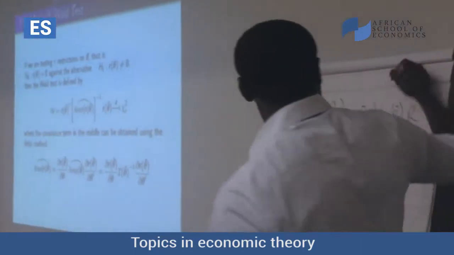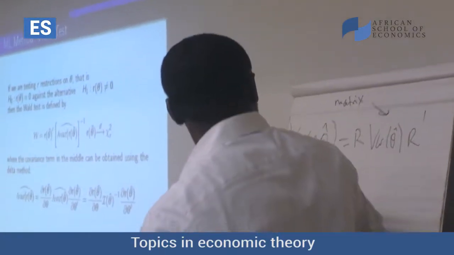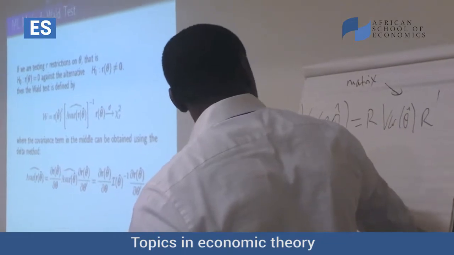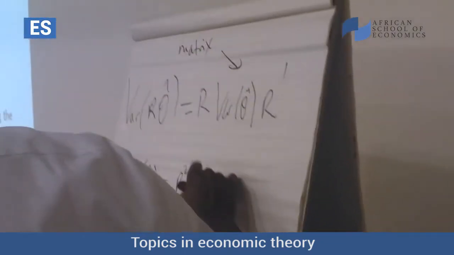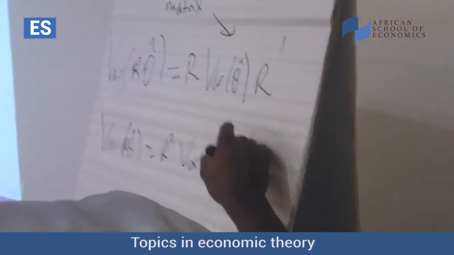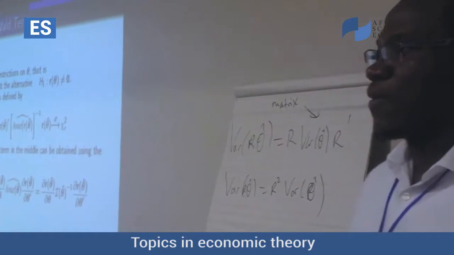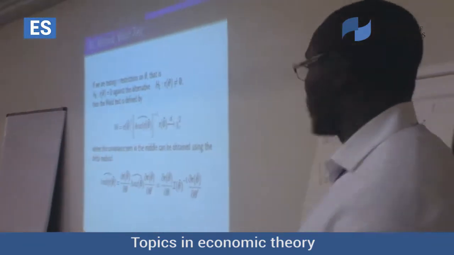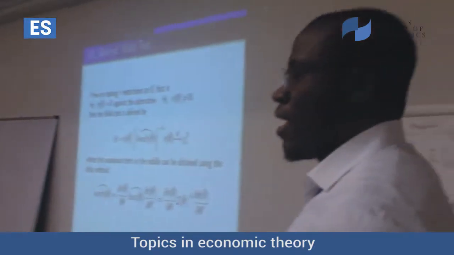In the scalar, so this is the matrix form, right? Or the vector form. But in the scalar form, I'm sure you all know that if you write it like this, it is R squared, right? So the variance of R theta hat is R squared. But if you have a vector, then it becomes like this because you always need those matrices to match.